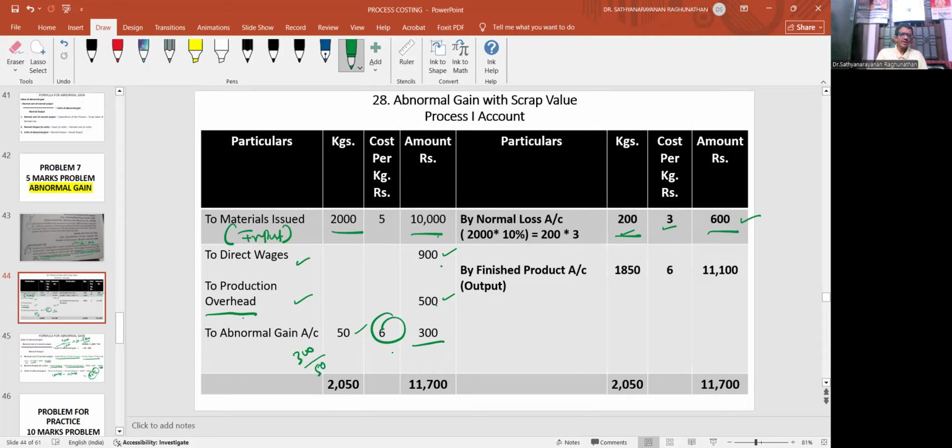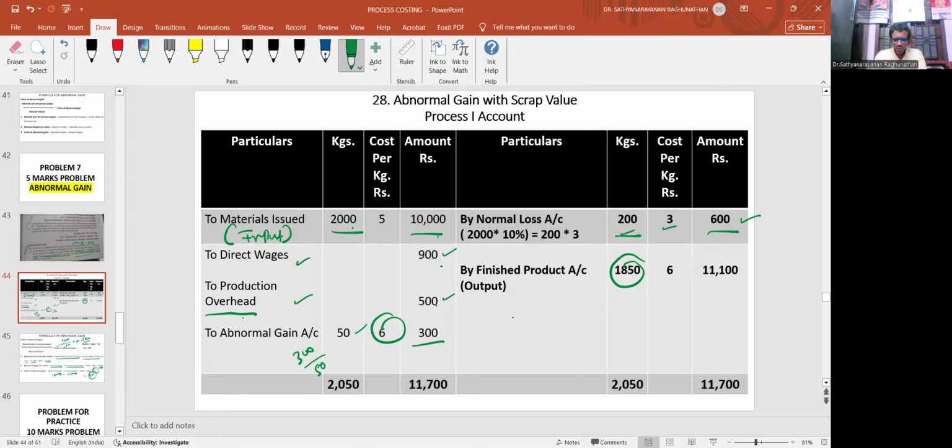Okay, fine. Now the debit side is completely filled, entered. Credit side also we have entered. We have to just balance. That's all. So while you are balancing, we know the finished product units, that is 1,850, which they have given in the question itself. Please put that here. After that, you just do the cross check. 2,000 plus 50 is 2,050.